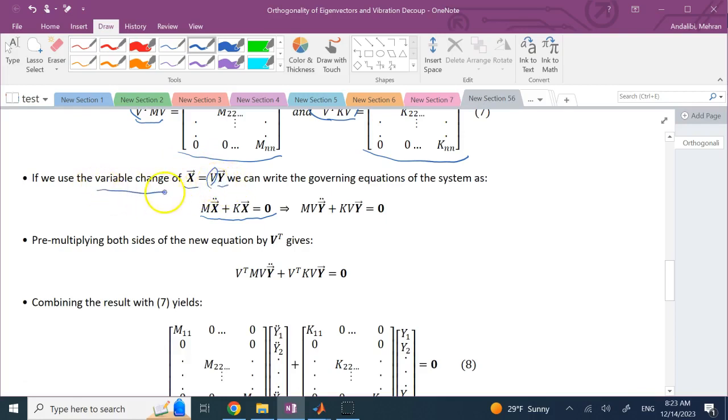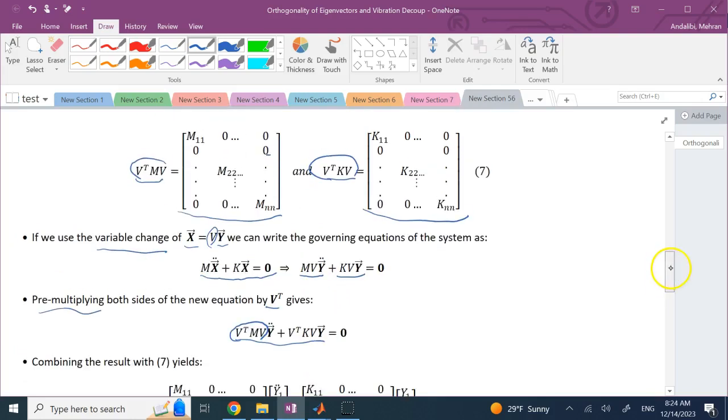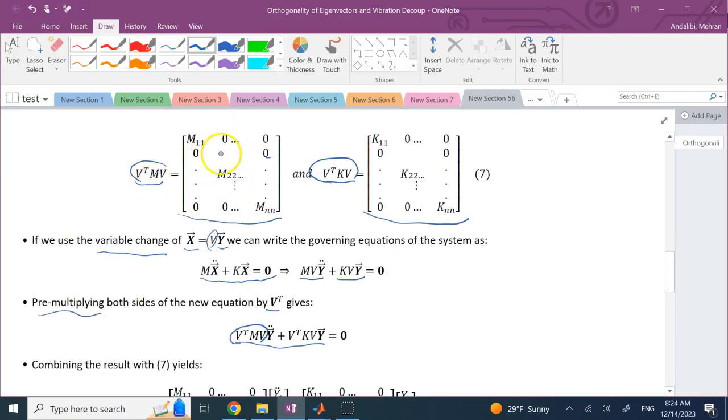If we plug it in, since V is constant, you get m V y double dot plus k V y equals 0. Now we pre-multiply both sides by V transpose and we get this. And guess what this one is? That is this diagonal matrix. And what is this one? That's the other diagonal matrix.